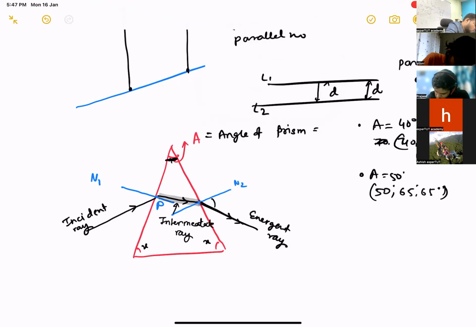This is I, this is R1, this is R2, and this is E.